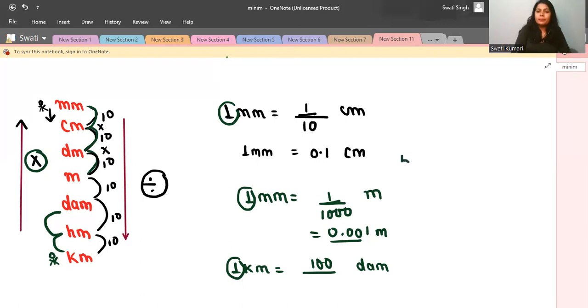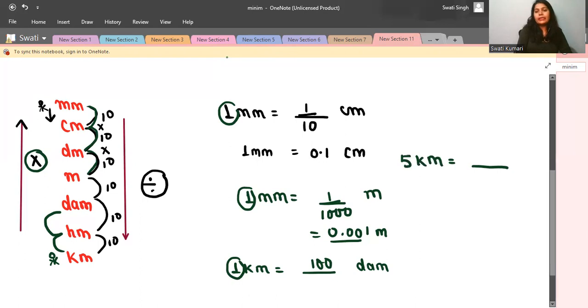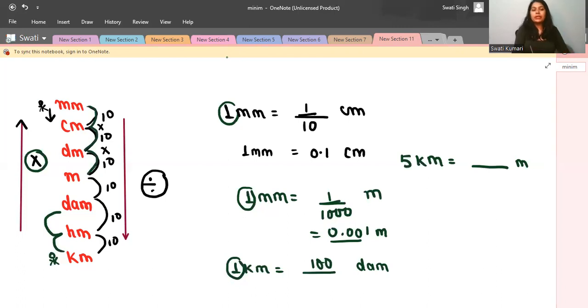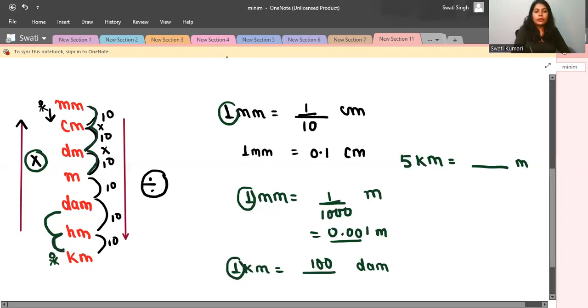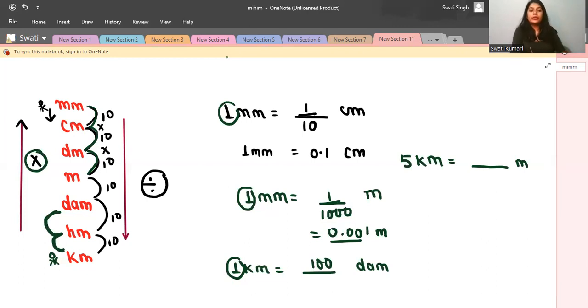For example, in 5 kilometer, how many meters? You know that if you go from kilometer to meter, you are going like this: kilometer to hectometer, 10; hectometer to decameter, 10 into 10, 100; and then to meter, into 10, which is 1000, right?